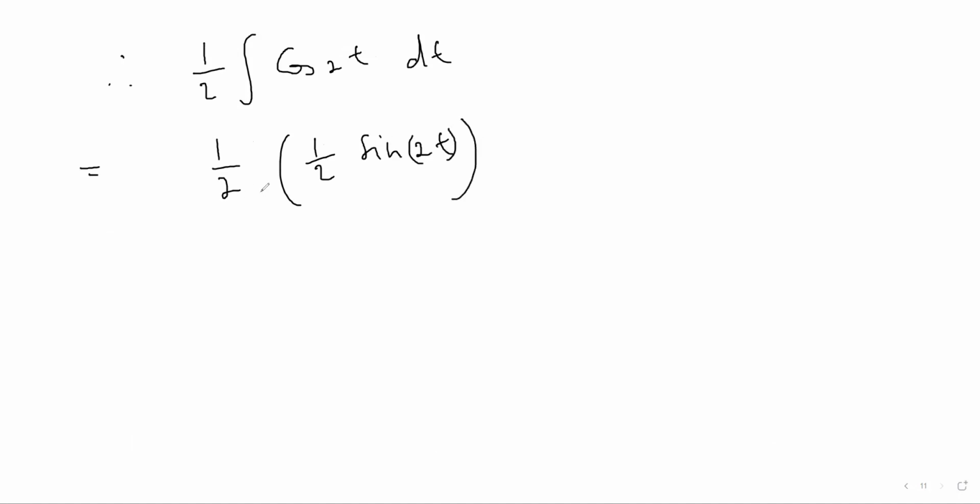You multiply the half with a half, you get a quarter. So now you have 1/4 multiplied by sine of 2t. So now we have the integral of the first term there. It's a quarter times sine 2t.